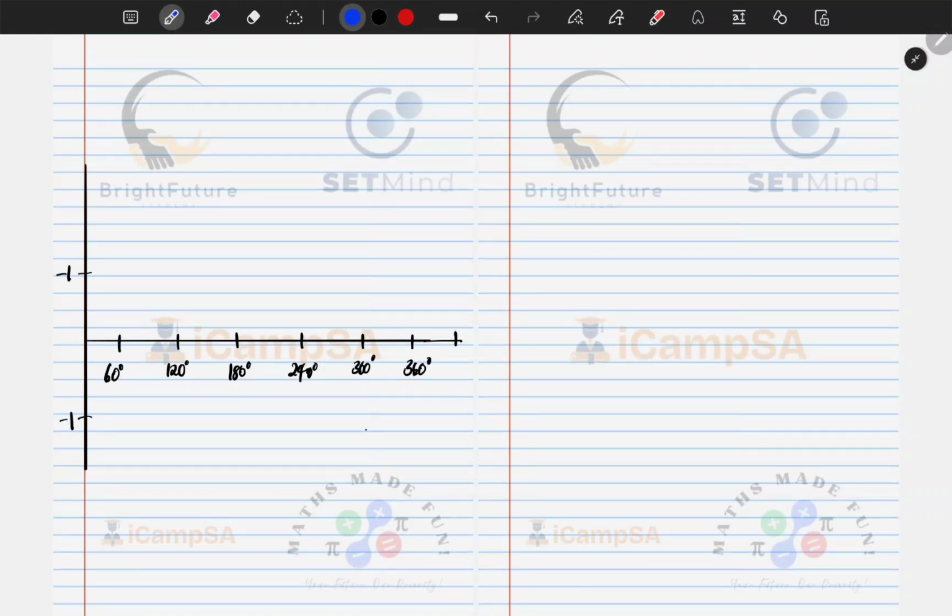If it takes us 120 to complete one cycle, it means we will have something looking like this. I don't know why it's not doing the nice curve, that's fine. And then you continue, so on and so forth.